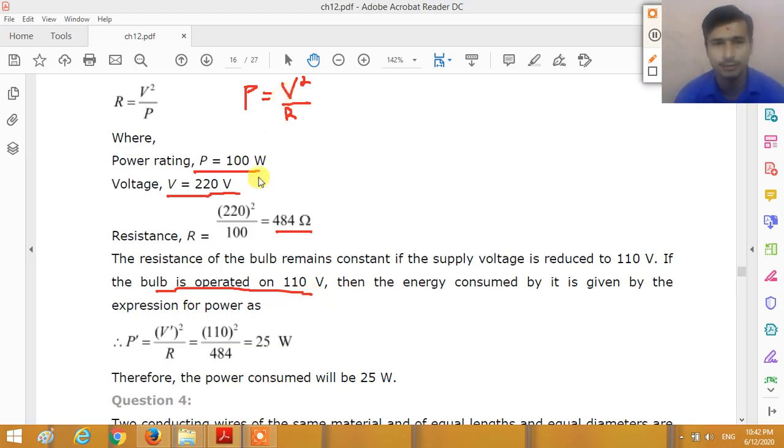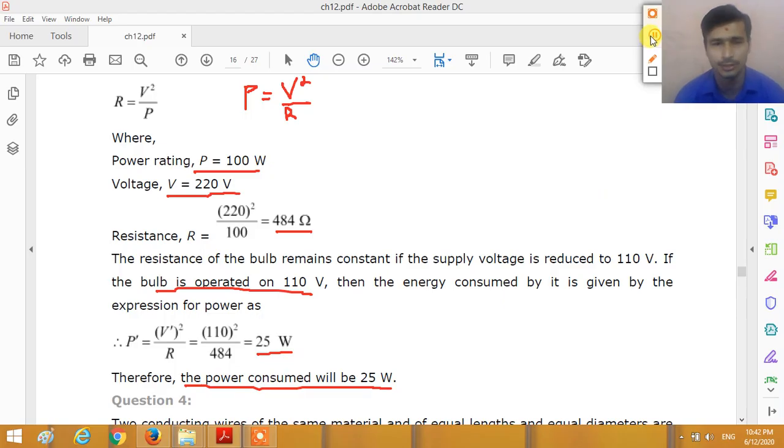So instead of V, we place 110. So the power consumed by the appliance, P dash, is equal to V square by R, but here we place V is equal to 110 volt. So 110 square divided by R, we get the answer 25 watt. So the power consumed by the appliance is 25 watt.